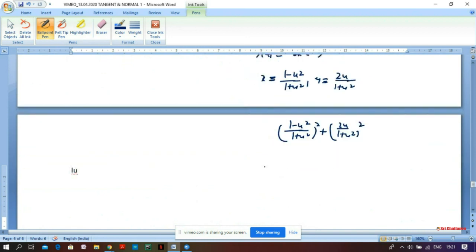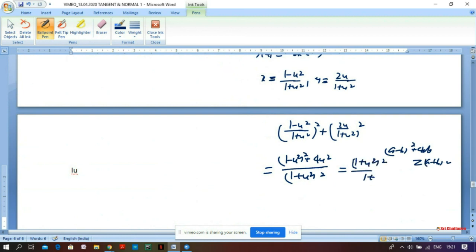You will get in the denominator (1 plus u squared) whole squared. Numerator is (1 minus u squared) whole squared plus 4u squared. Now this is (a minus b) whole squared plus 4ab, that equals (a plus b) whole squared. You will get (1 plus u squared) whole squared over this one, same thing, so it becomes 1.